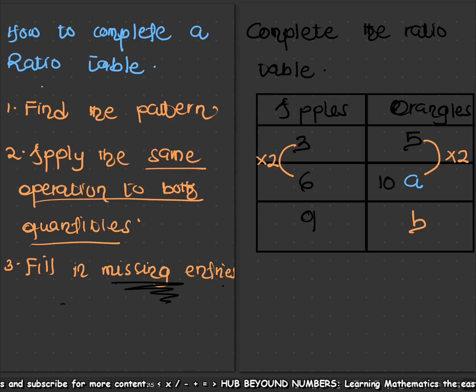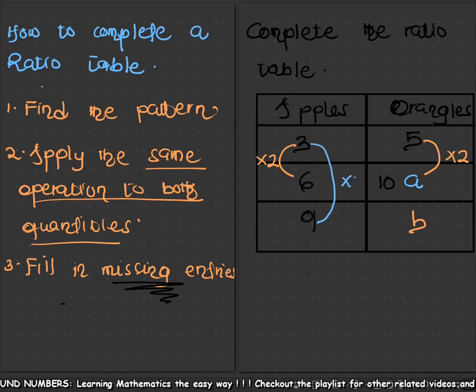You see? Then we still look at the operation that made us get 9 from 3. If you look at it carefully, you realize that you have to multiply 3 by 3 to give you this 9 over here. So to obtain whatever it is at this B, then we have to multiply the 5 also by 3. So the same thing would be done again, right?